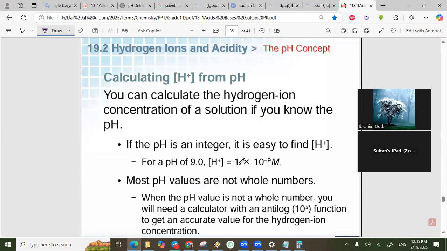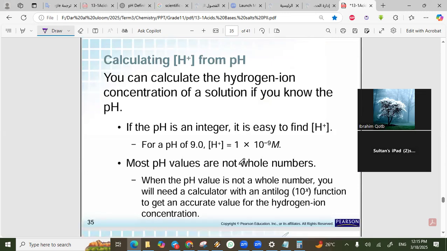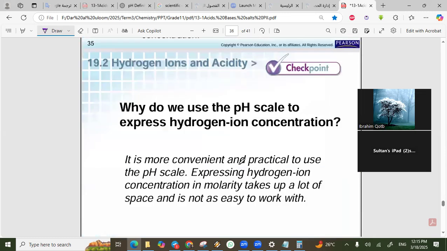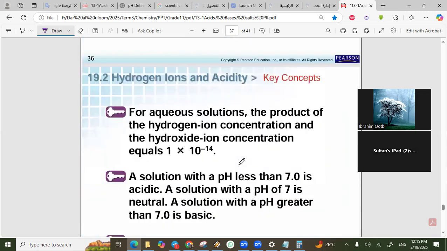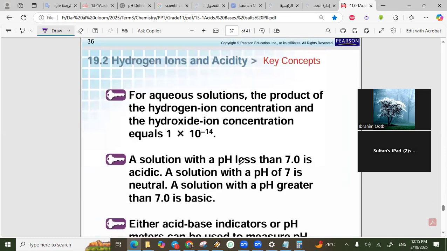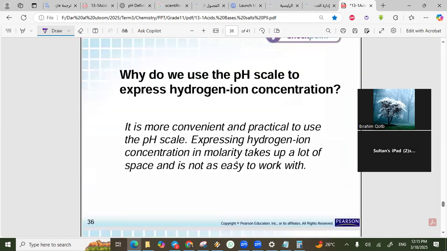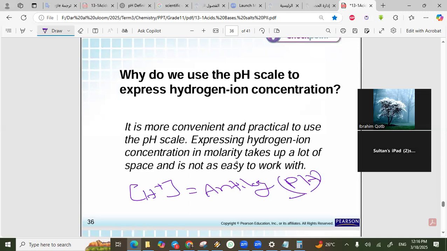Anti-log is to press shift plus log at the same time on the calculator, to give you H plus. So again, if you know the pH, just do H plus equals anti-log, and put the pH after it.